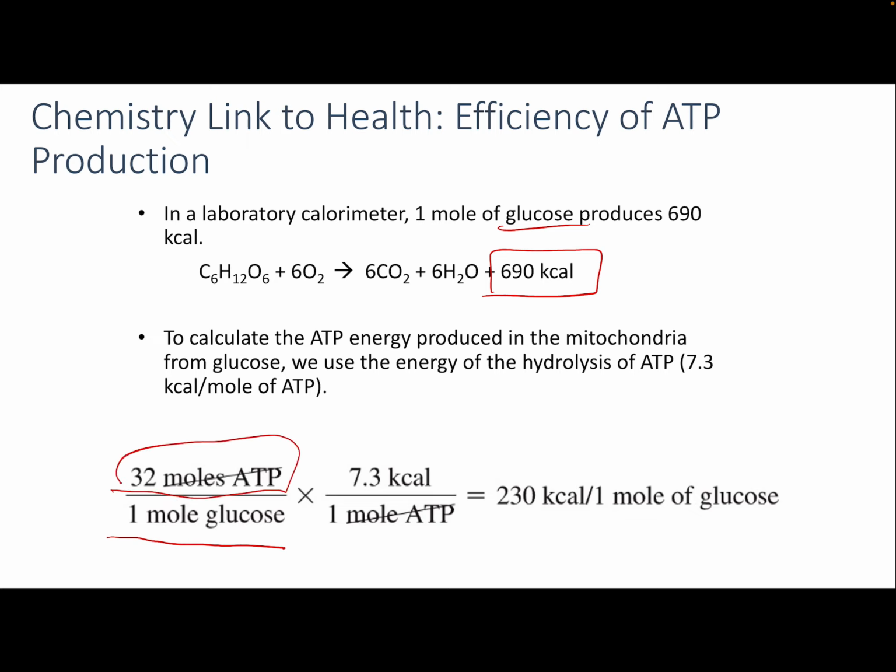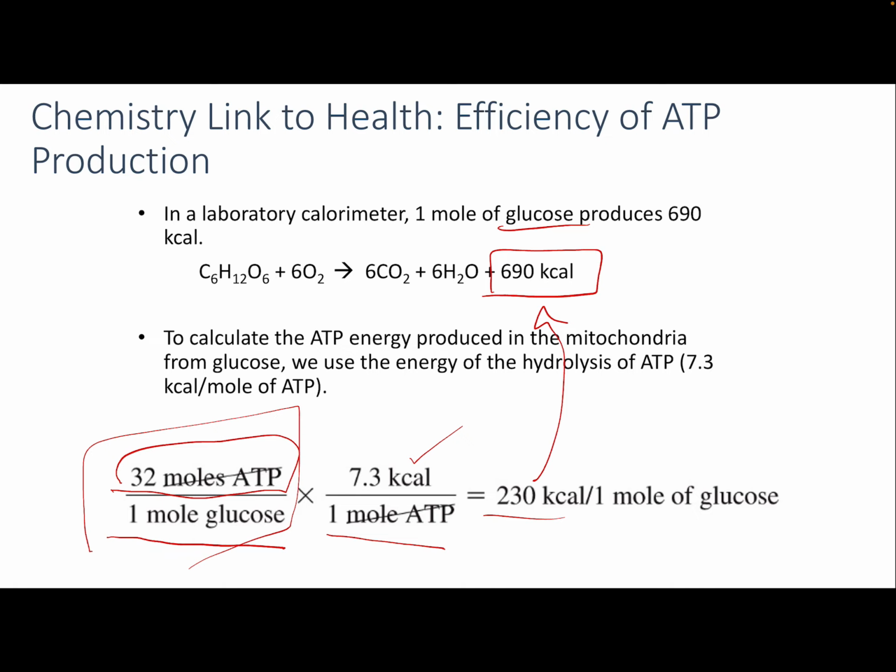When we consider that 1 glucose makes 32 ATPs, so 1 mole of glucose should make 32 moles of ATP, right? Kind of a ratio. We know that an ATP molecule has about 7.3 kilocalories in it. That only comes out to 230 kilocalories, which is not as much as the energy inside of glucose.